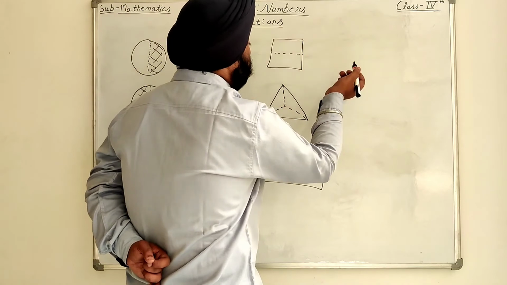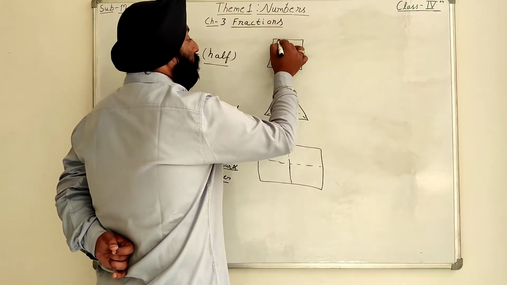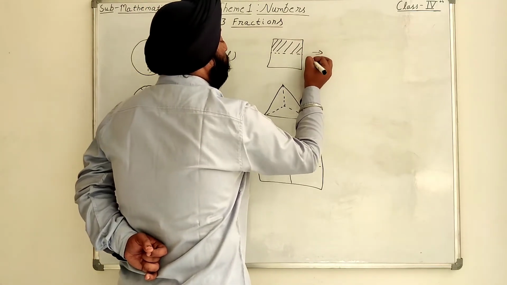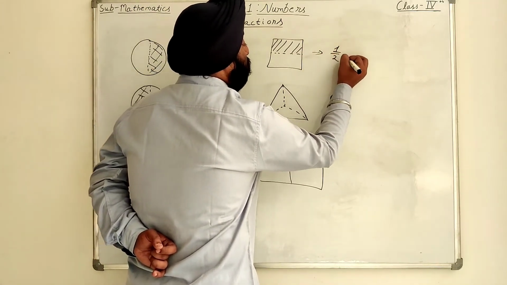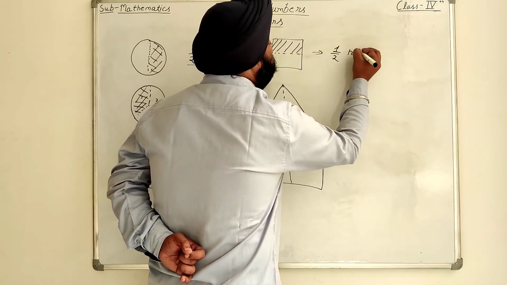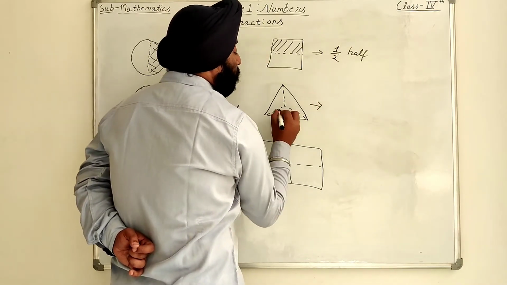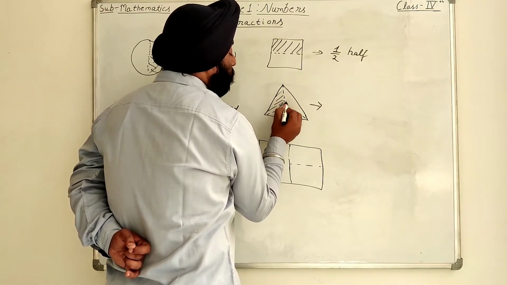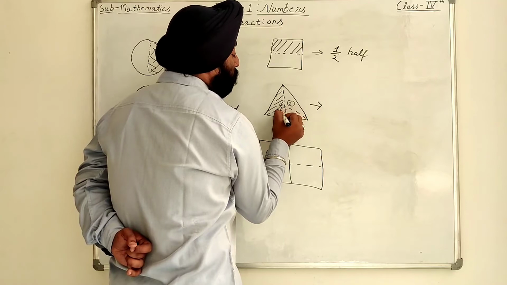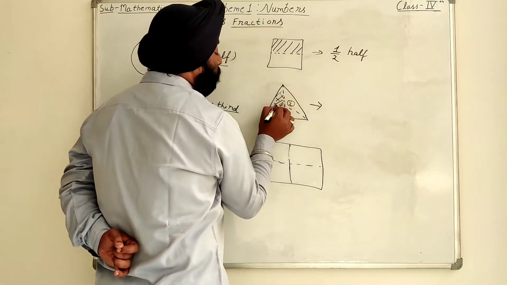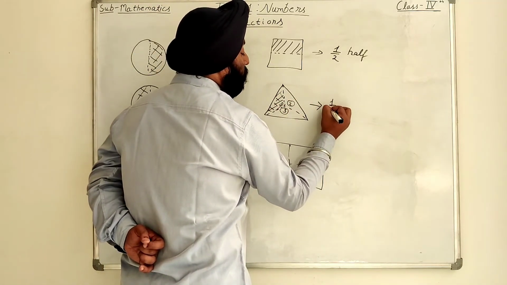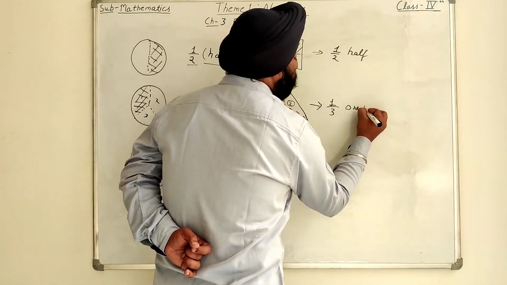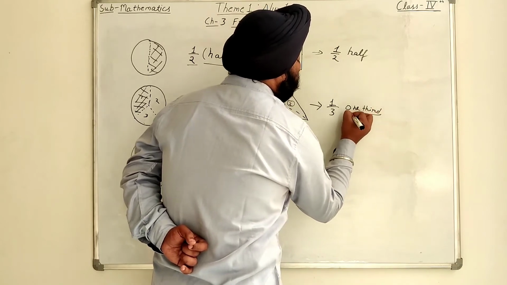Same thing with other figures. We have divided the square into 2 parts. Then one part is called 1 upon 2 or half. After that, if we divide a triangle into 3 parts and get one part, then the part is called 1 upon 3, the 1/3 part.